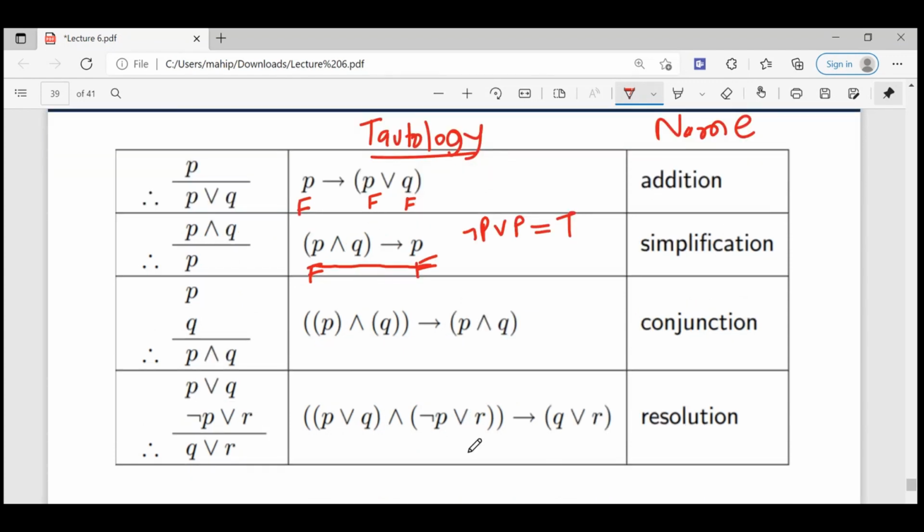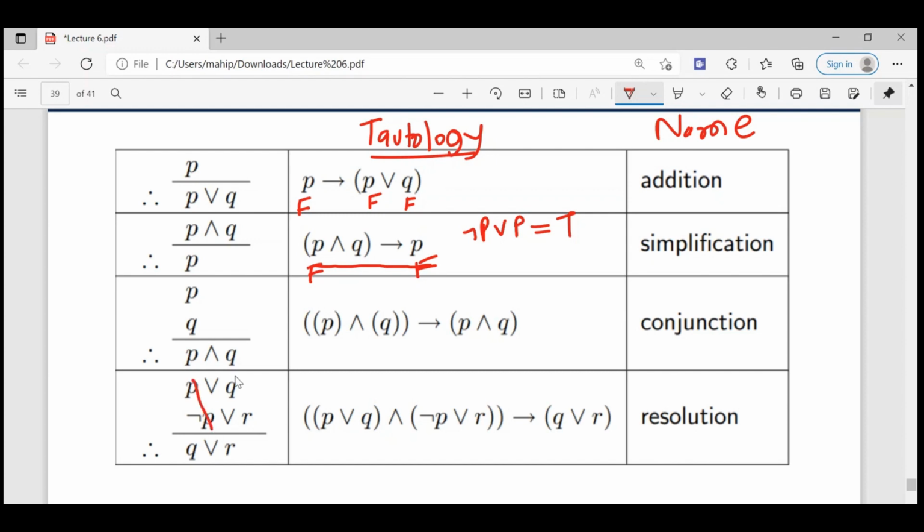How about this one? It is called resolution. What is the idea here? P or Q, negation P or R. When to apply resolution? Whenever you have one propositional variable in one statement, and in the second statement you have the negation of that variable, with the disjunction symbol, then this template applies, and that variable is eliminated, as you can see here.